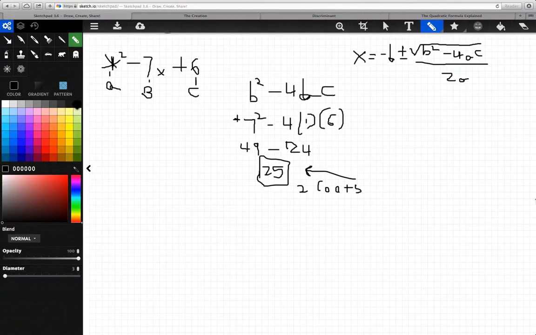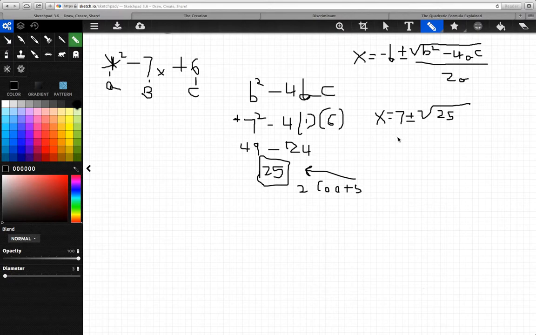Okay, so now that we've solved for this part, we can plug all the numbers into the entire quadratic and start solving for the zeros. So I'm going to do x equals 7, because a negative and a negative cancel out, plus or minus square root of 25.